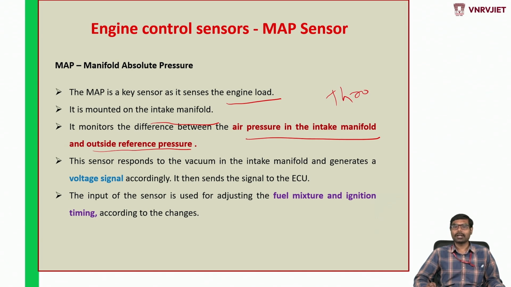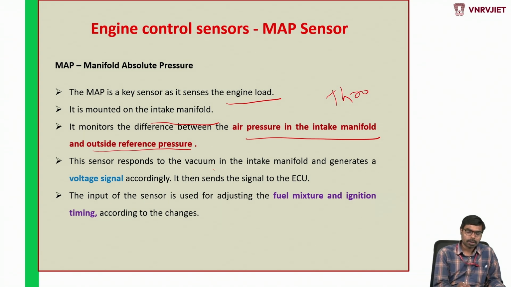If the manifold absolute pressure sensor detects engine load, it is based on the vacuum pressure. If the vacuum pressure is very high, the ECU understands that the vehicle is at a low load condition. If there is no vacuum pressure inside the manifold, the ECU understands that the engine is operating at high load, because the throttle is open 100% at that time.